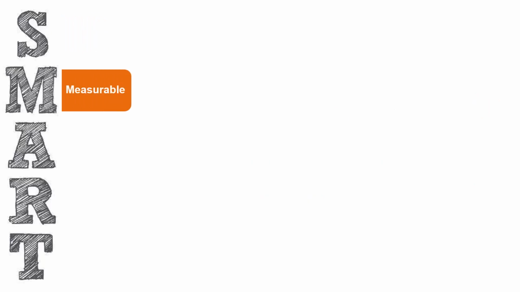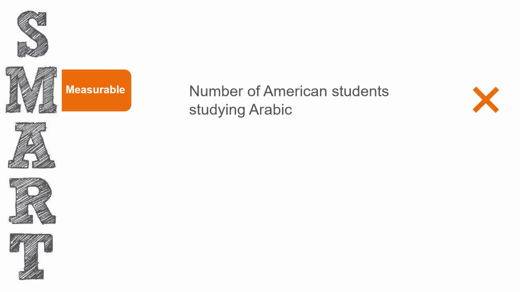Now let's look at measurable. Consider the indicator "number of American students studying Arabic." A couple of issues are likely to come up when trying to measure this indicator. First, what population are we concerned with? If we're looking at all Americans throughout the entire country, how are we going to get that number?